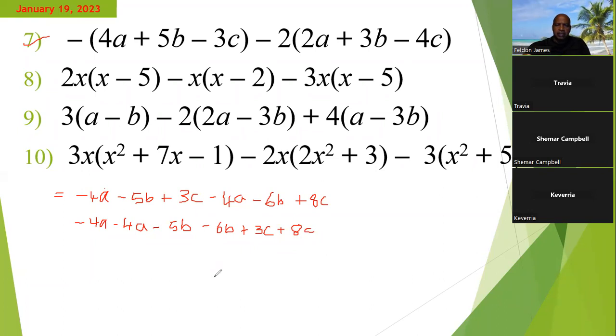So continue. Then I have negative 8A, minus 11B, plus 11C.